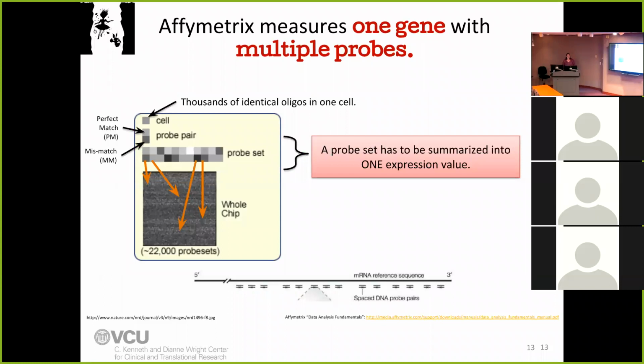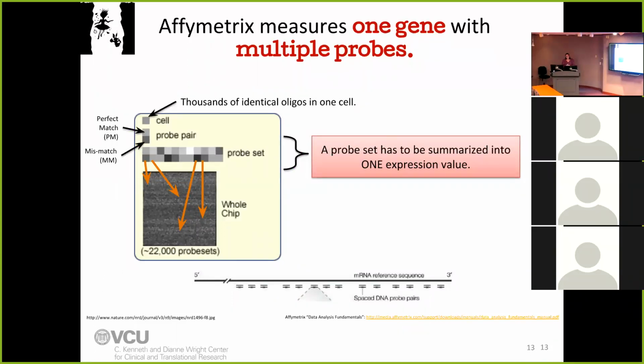Okay, this is one of a few down the rabbit hole slides. If you see this little symbol up here, that just means that it might be a little more detailed than what you need. But I find this is some helpful information for people that work with Affymetrix.